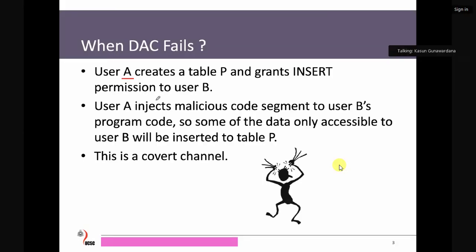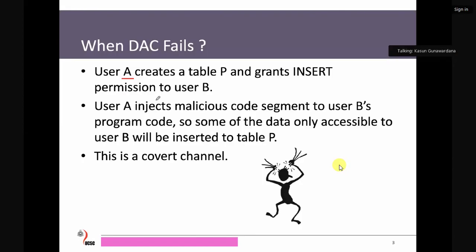So some of the data only accessible to user B will be inserted into table P. That's what this malicious code does. User B might be unaware of this, because it's malicious code inserting data which is only accessible to user B.